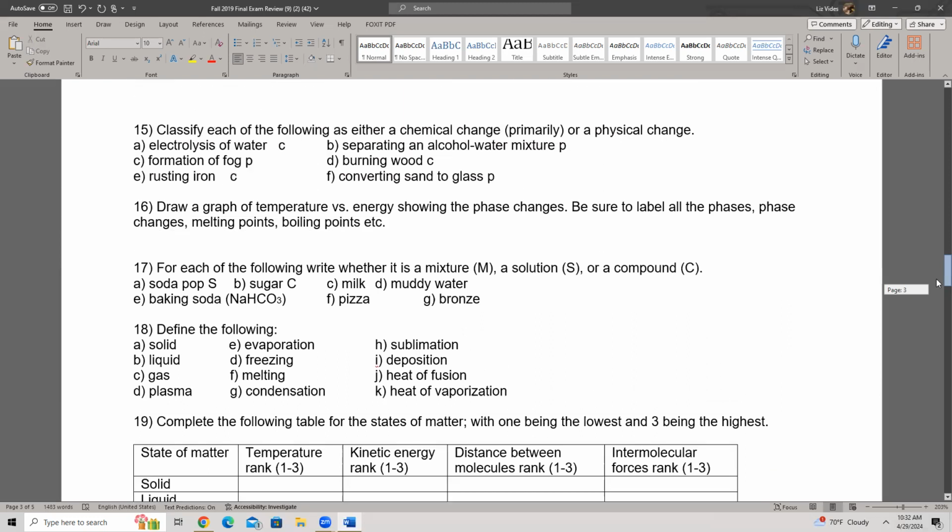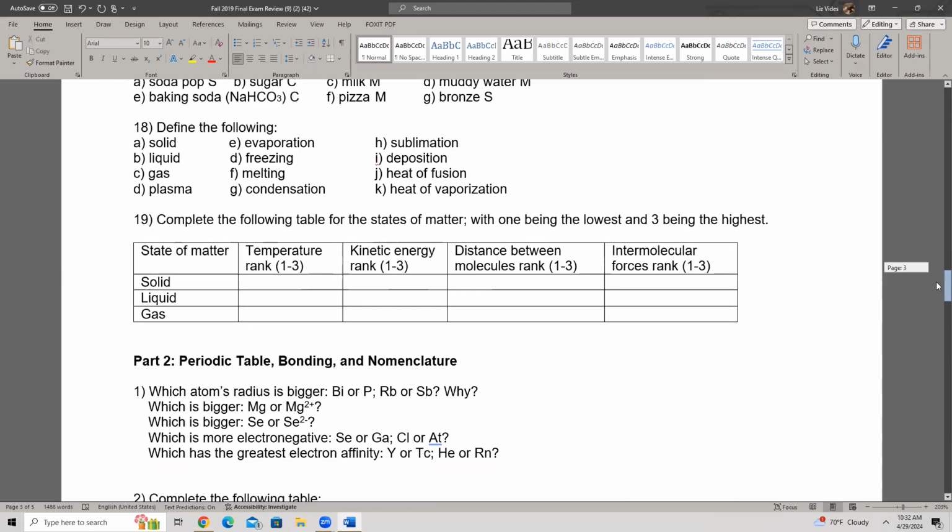Officially, the official word for milk is a colloid, and colloids are heterogeneous. Muddy water is also a mixture, happens to be a suspension. Baking soda is a compound. You notice they gave us a formula. Pizza is a mixture, right? And bronze is a solution of metals. So yes, you can have solid solutions.